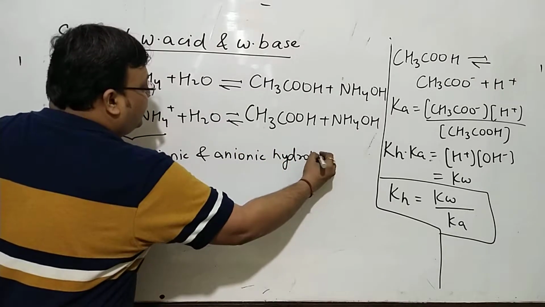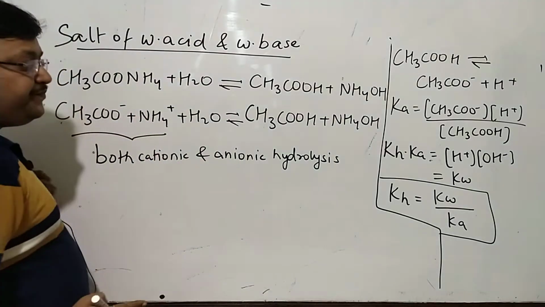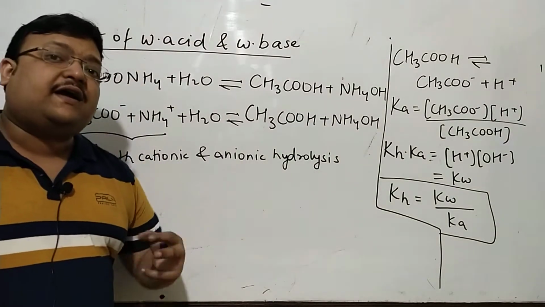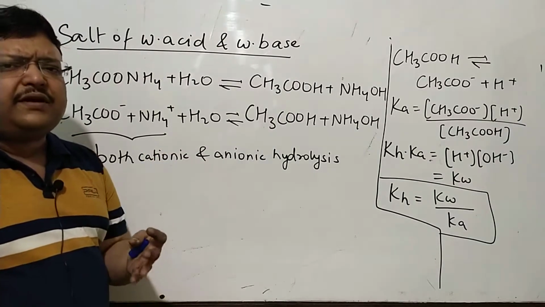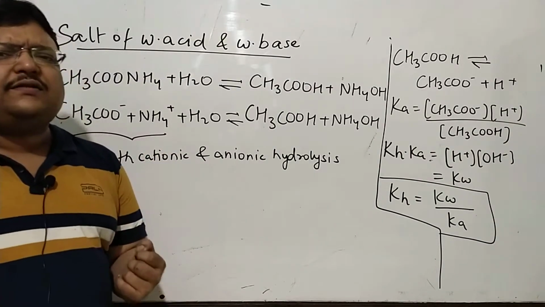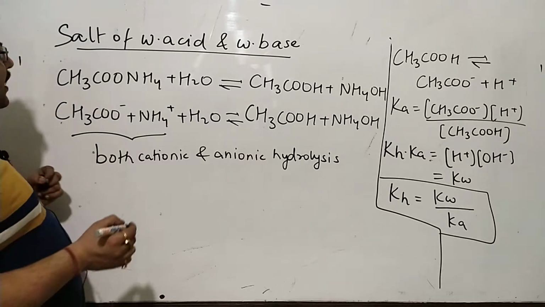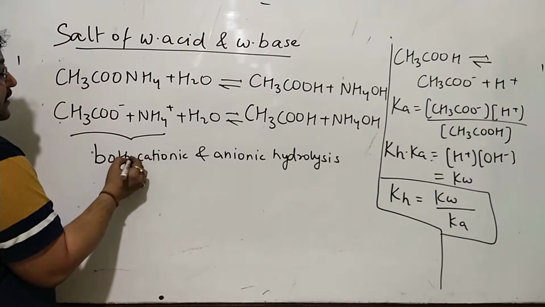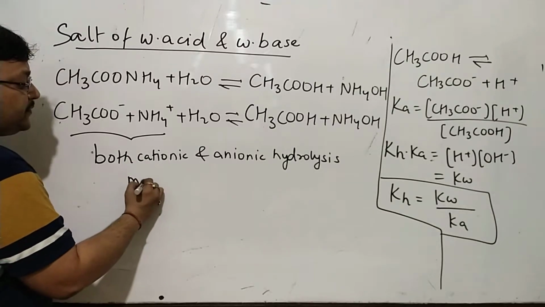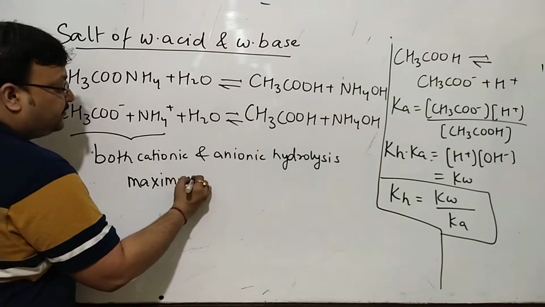Remember, in the first case which I gave you in the last class, strong acid weak base, it was cationic hydrolysis. In the previous case, sodium acetate, it was anionic hydrolysis, acetate getting hydrolyzed. And when it's a weak acid weak base, cationic as well as anionic, you can also say that this is the salt undergoing maximum hydrolysis.